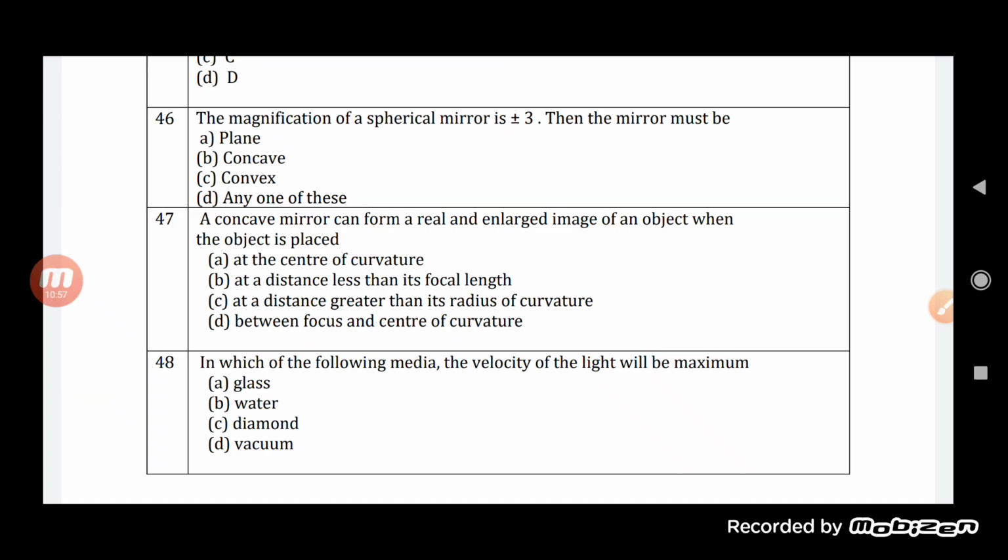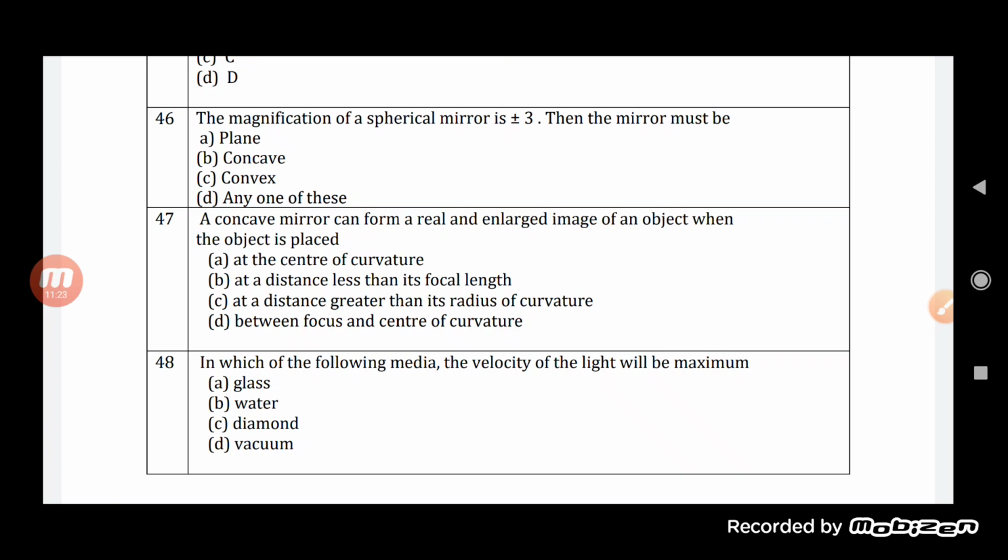Now see here, a concave mirror can form a real and enlarged image of an object when the object is placed where? At the center of curvature, you know that the image will be of the same size as the object.